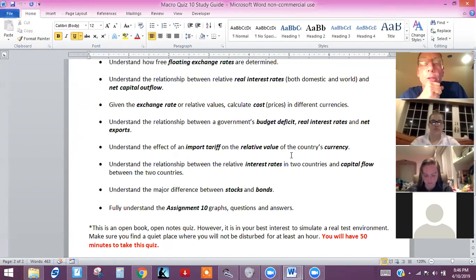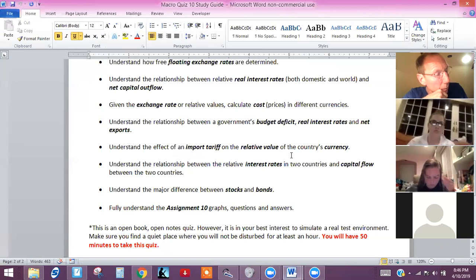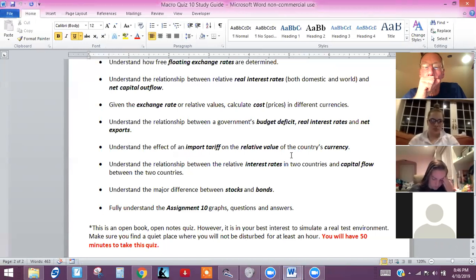So if there's an import tariff, that means we're going to buy less because it costs more, right? If there's a tax on U.S. imports, it means we're going to buy less.